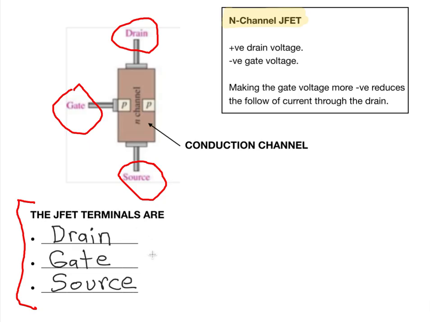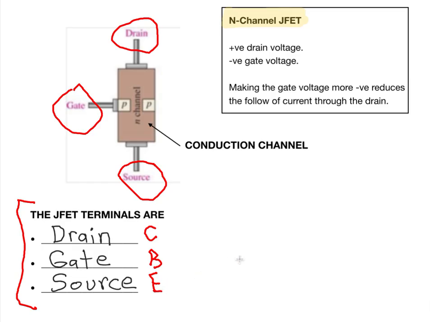On the BJT, this gate is an analog to the base. This would be analog to the collector, and then this would be the emitter. They mean totally different things, of course, but that may help you.